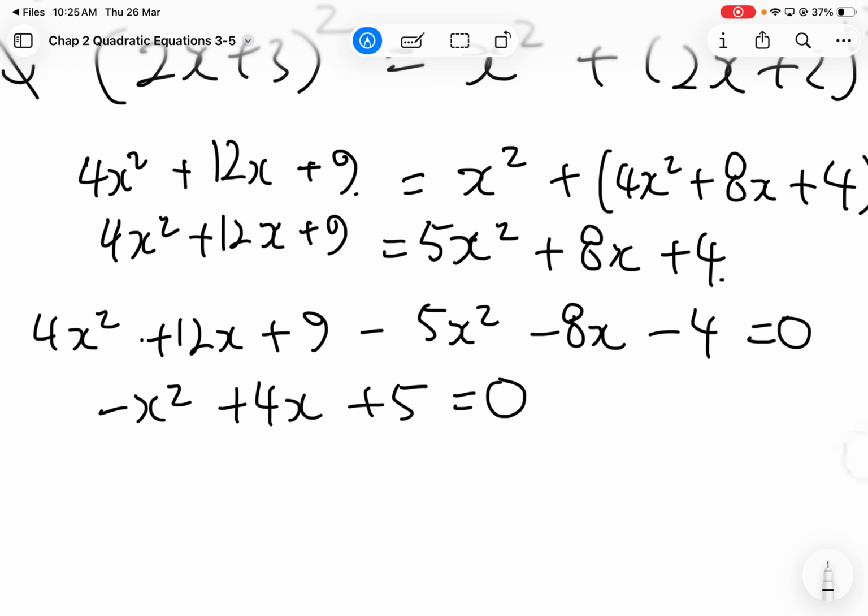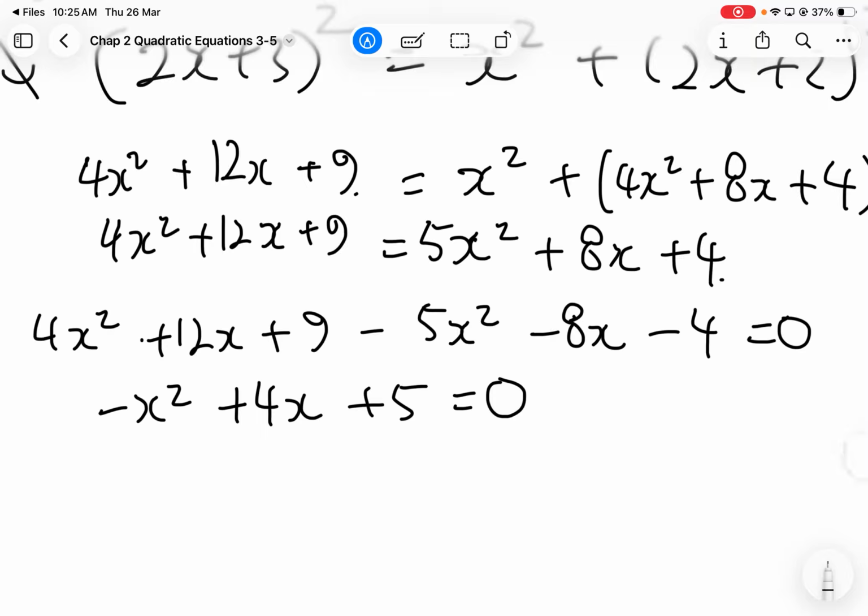Huh? Why? My 4x squared plus 12x plus 9, I don't change. When I'm moving this here, it becomes minus 5x squared. When I'm moving this to the left, it becomes minus 8x. When I'm moving this to the left, it becomes minus 4.